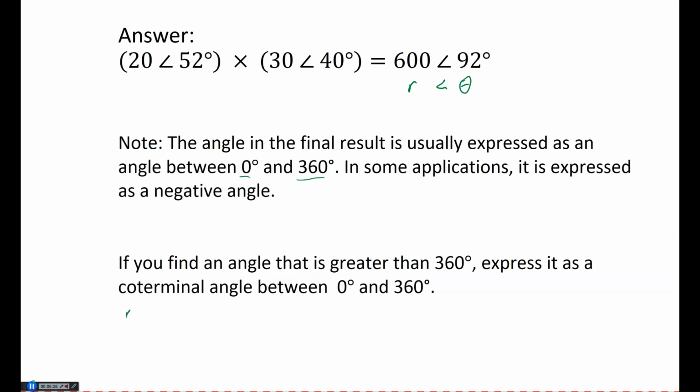For example, if theta turns out to be 400 degrees, then we would subtract a full 360 from it to bring it back around the circle, one full rotation, and end up with it being coterminal with 40 degrees. So this would be a better way to express the angle than the one that is greater than 360 degrees.